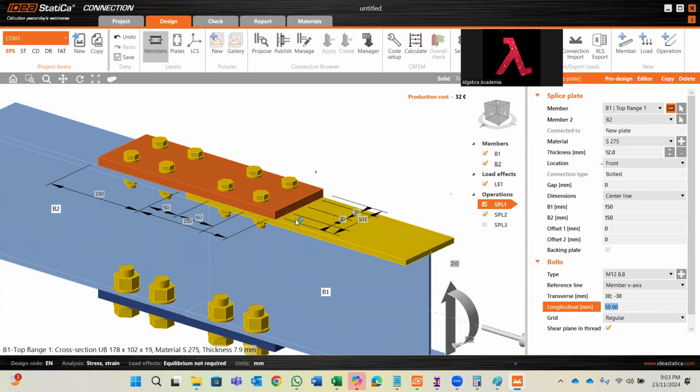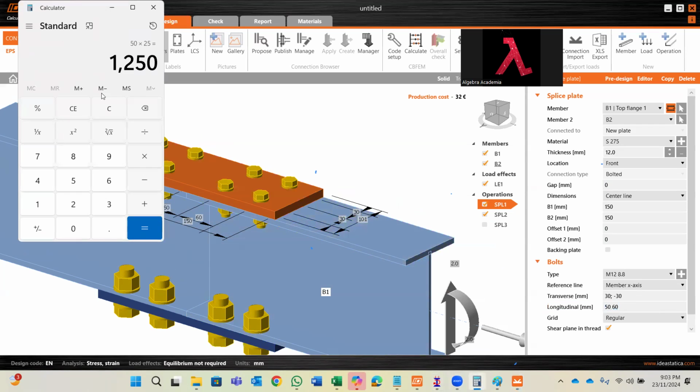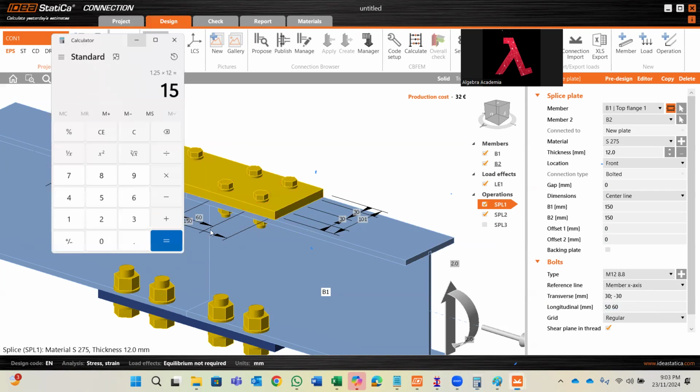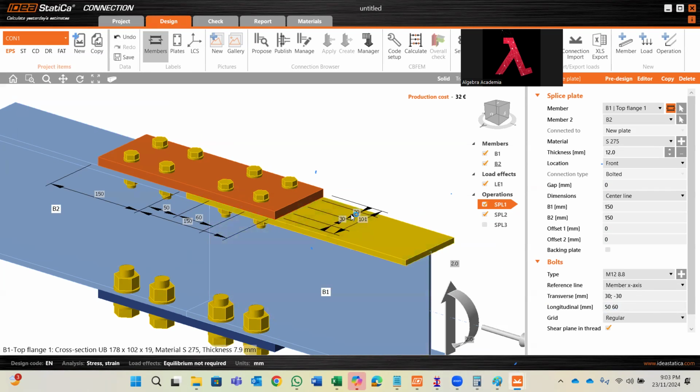Then 1.25 times of 12 millimeter dia, how much are you getting? So 1.25 times of 12, yeah, 15 millimeters. So it's exactly same. So 101 minus 60, which is 41, right? So 41 divided by 2, which is 20. We do have only 15 millimeters. So 5 millimeters more.